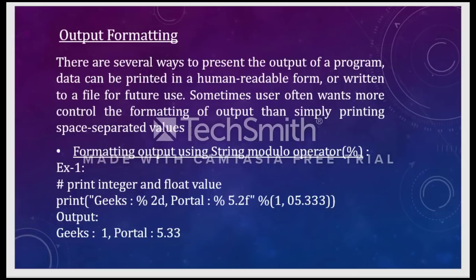Let us do some examples. As a definition, there are several ways to represent the output of a program. Data can be printed in a human readable form, or written to a file for future use. Sometimes users want more control over the formatting of the output than simply printing space separated values.